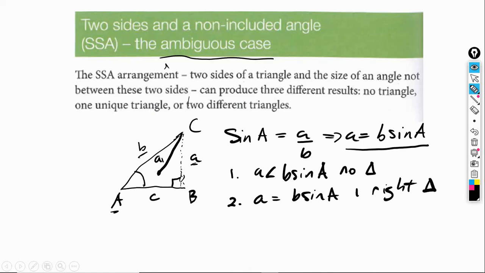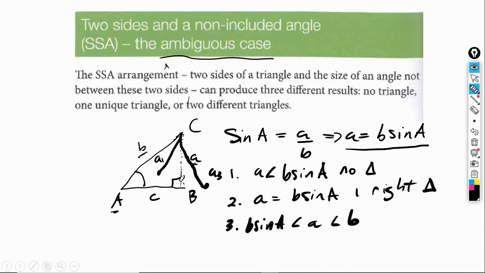Then, what would be a third case? A third case would be when A is a little bit larger than B times sine of A, but it's still less than B. So in that case, we could have a length, let's say, something like this. Let's call this case A3.